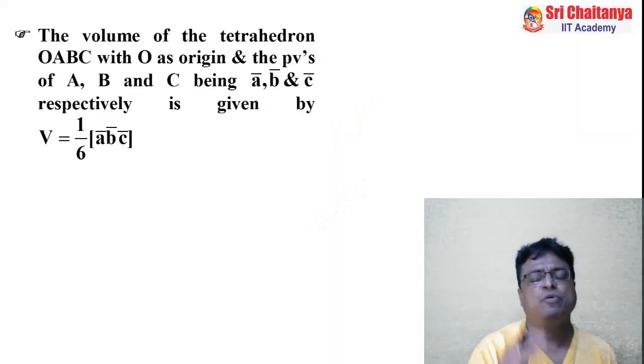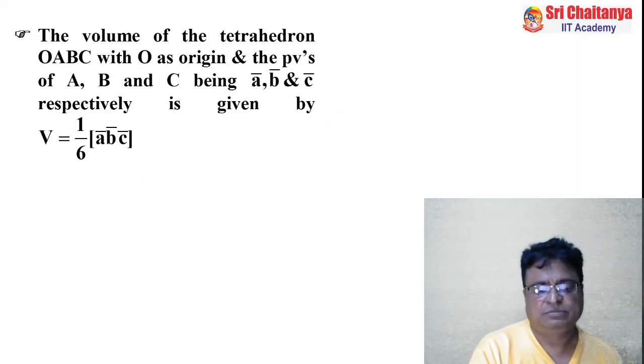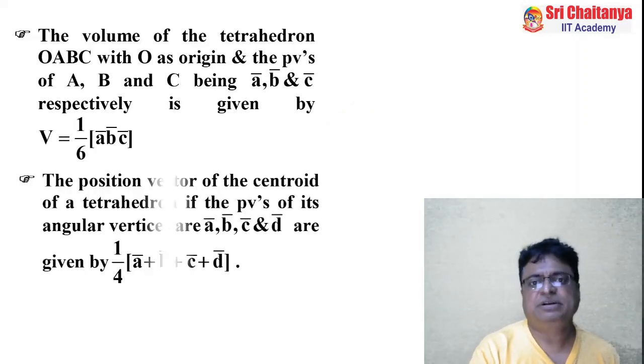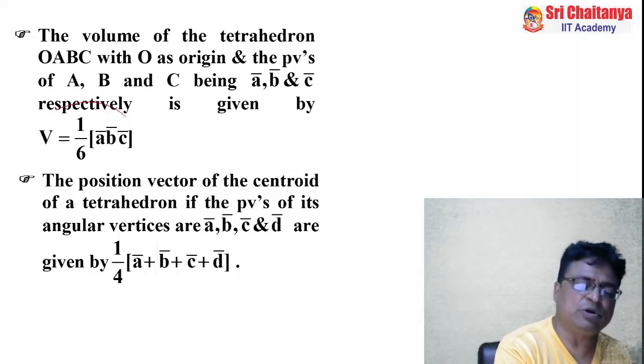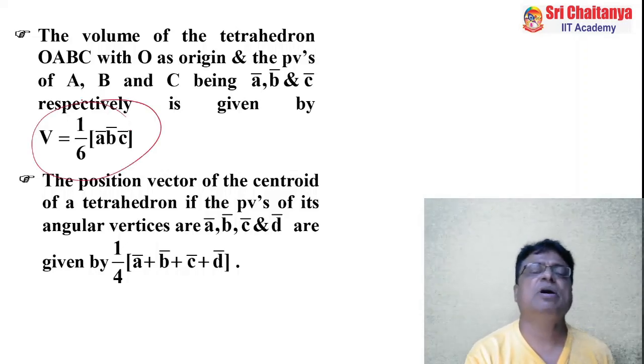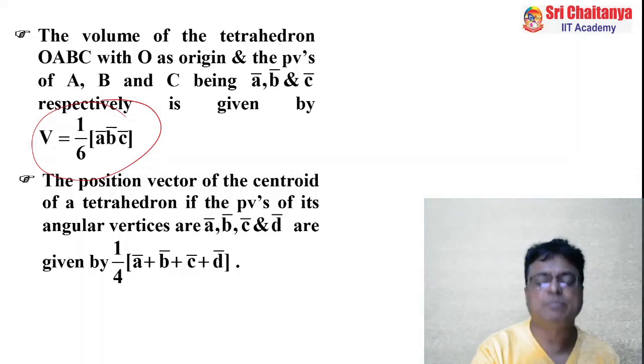Okay, and moreover, if OABC is a tetrahedron, then the volume of OABC is equal to 1 by 6 box ABC. To be more precise, 1 by 6 mod box ABC.